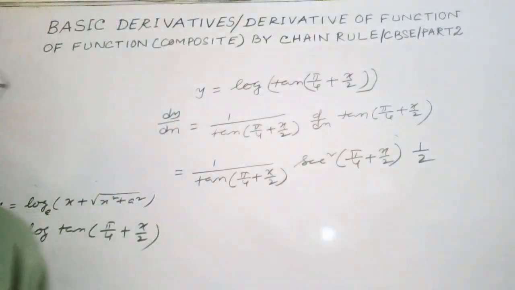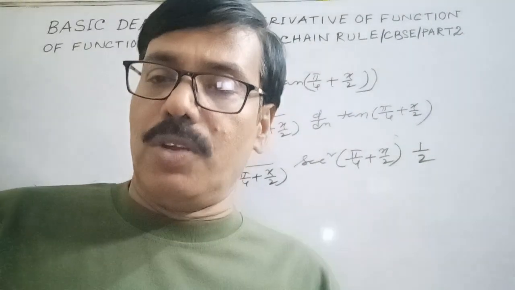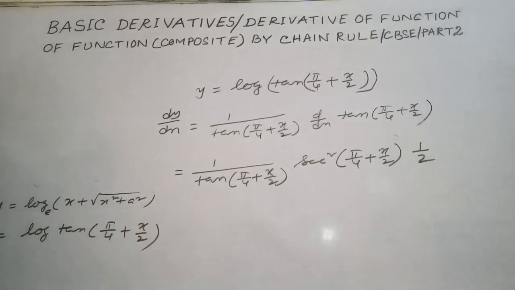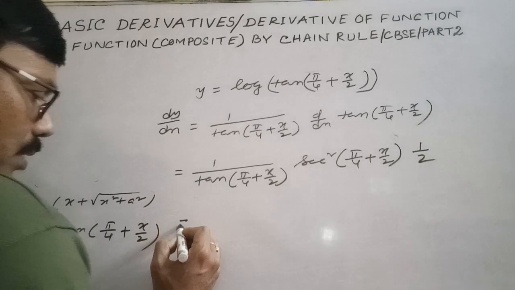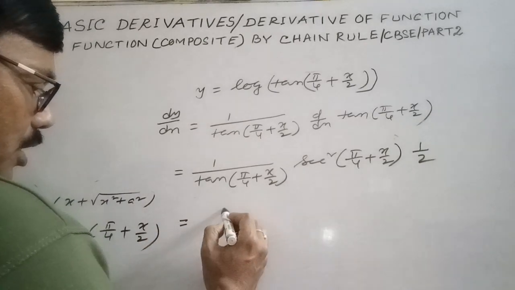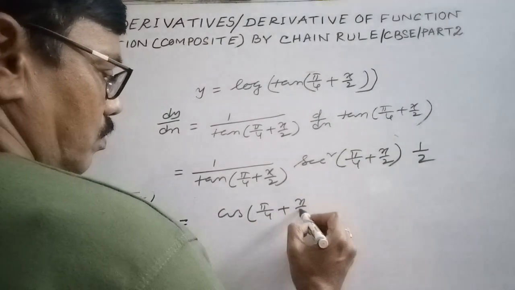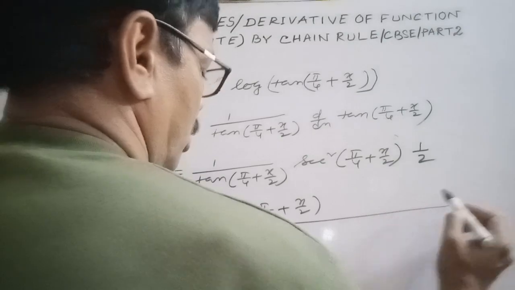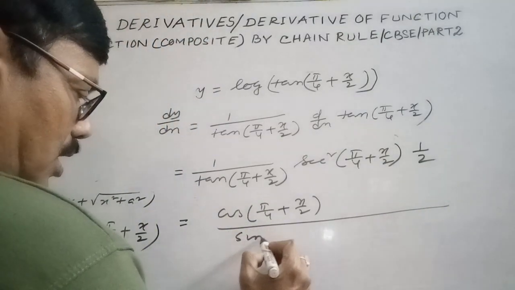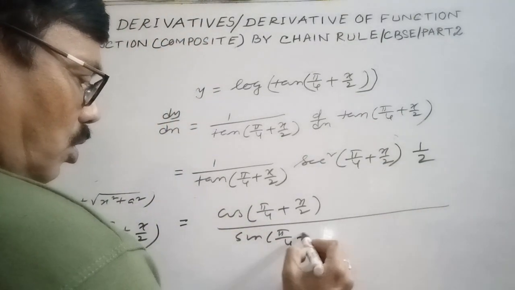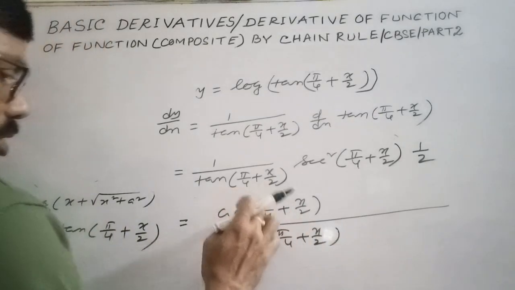Now do not leave it here. In case of trigonometry, you have to simplify if possible. So write it: it is cos pi by 4 plus x by 2 and this is sine pi by 4 plus x by 2. So tan is sine by cos.